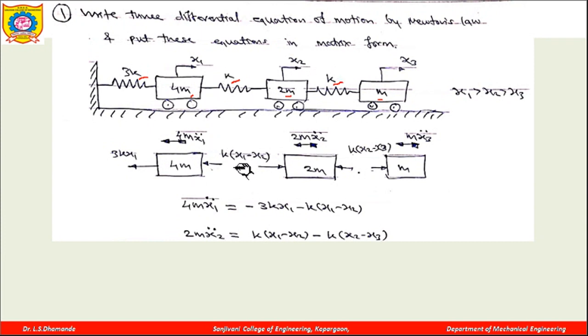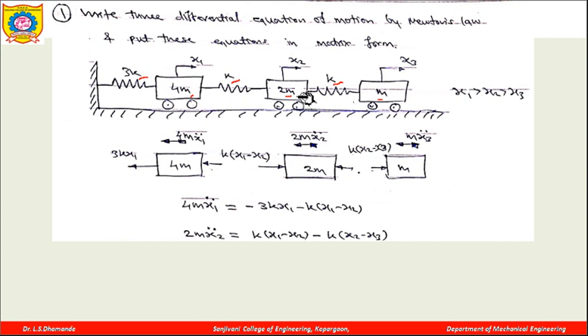So the first thing is that we have to draw the free body diagram of this mass. If I give the displacement towards right, this particular spring will be under tension, and therefore the reaction of the tension will be towards left, acting on this block.